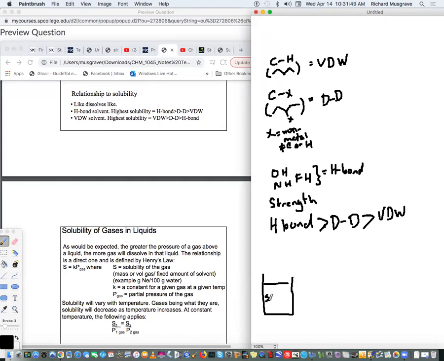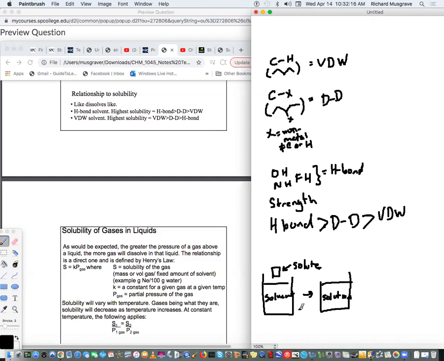We have a solvent, and then we also have a solute. The solute is being dissolved in the solvent, and once it's dissolved, it leads to a solution, which is considered to be both the solvent and the solute.